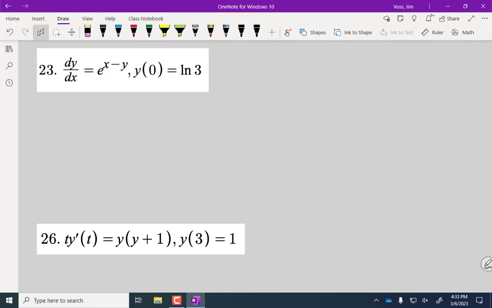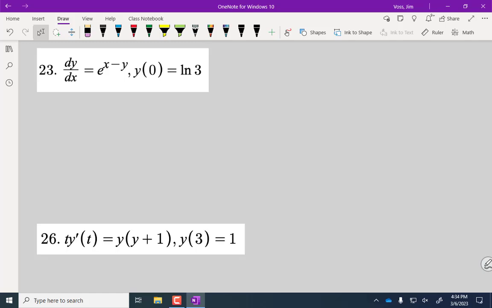What is it? 2.7 something. What is the 2.7 something? I guess it's e to the y.